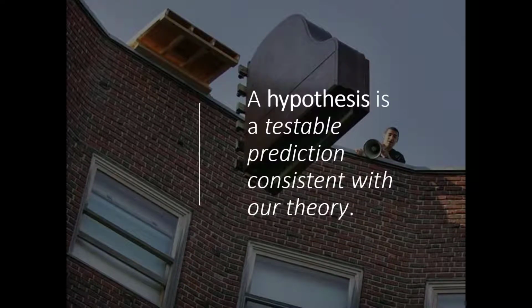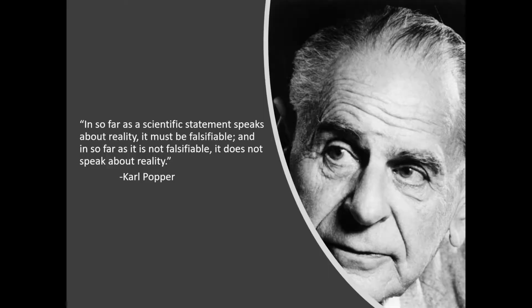And one of the key properties of what makes something a scientific idea is what we call falsification, or that it is falsifiable. In other words, an idea must be provably wrong for it to be scientific. If an idea cannot be proven wrong, that doesn't mean that it's a wrong idea. It simply means that it is not a scientific idea.